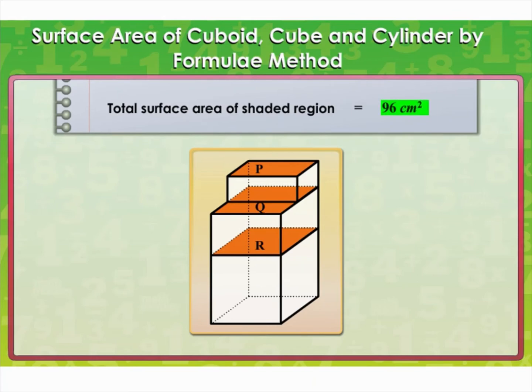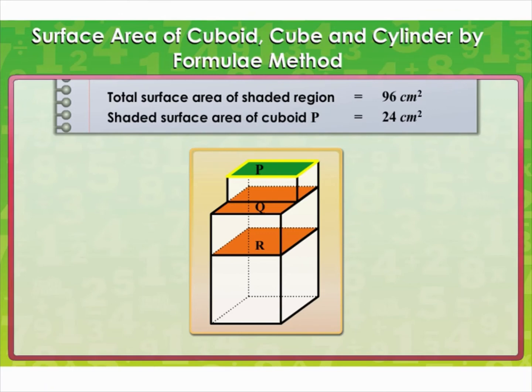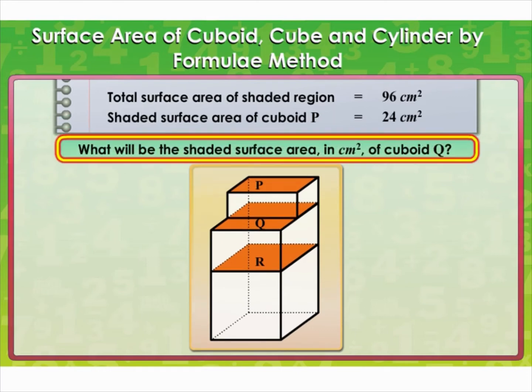The total surface area of the shaded region is 96 square centimeters. The shaded surface area of the cuboid P is 24 square centimeters. What will be the shaded surface area of the cuboid Q?